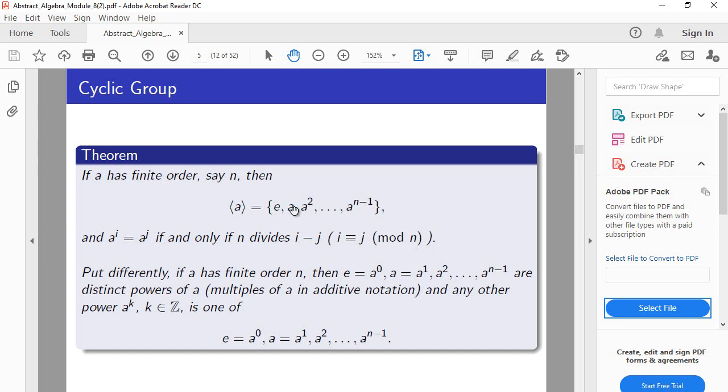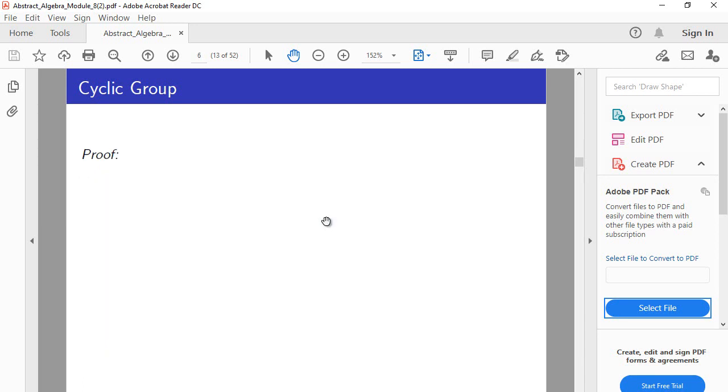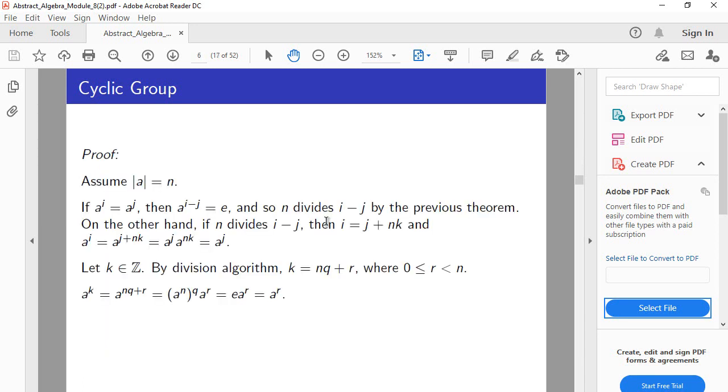So by this, they will be distinct, and if I take any other power of A, then the exponent would be equal to one of the numbers from 0 to n minus 1 mod n. So any other power of A would be equal to one of them. And here I explain that a little bit more. I'll let you read through that.